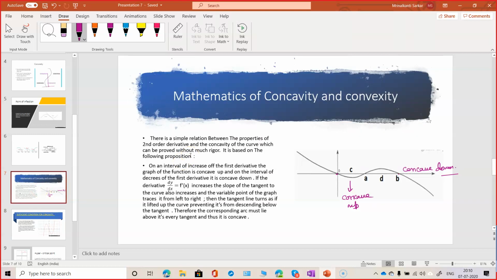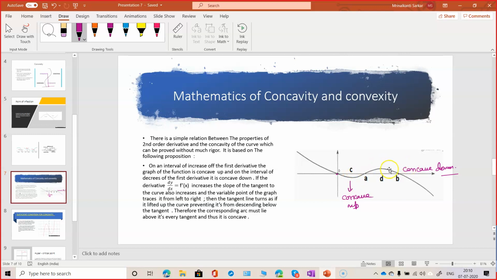I came back here again because I wanted to tell you this part. There is a simple relation between the properties of second order derivative and concavity of the curve, which can be proved without much rigor. If it is concave up, d square y by dx square is greater than 0, that I have explained. At this point, if you draw the tangent, the curve will lie above the tangent.